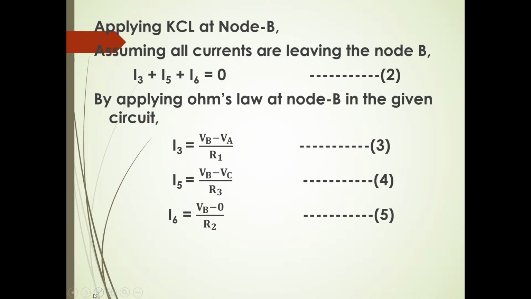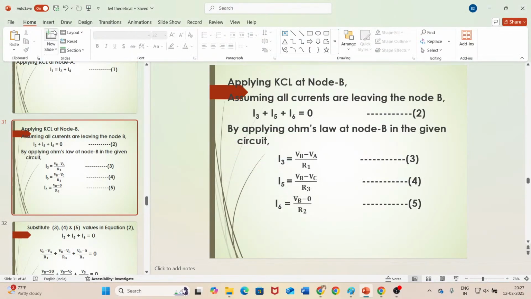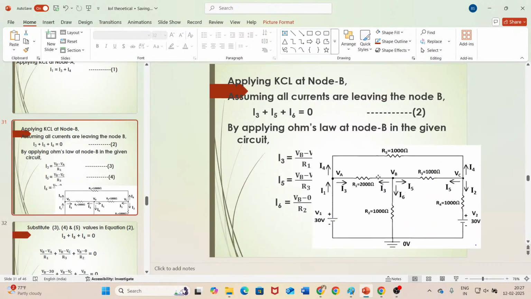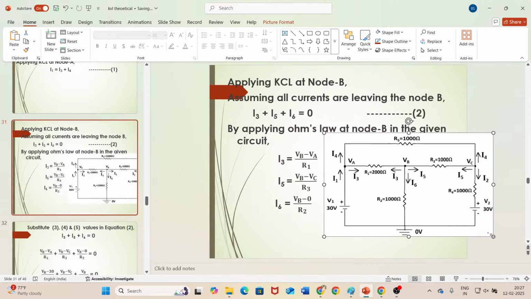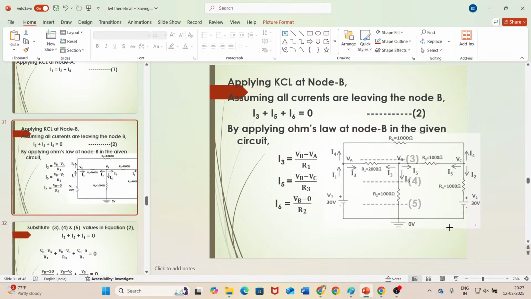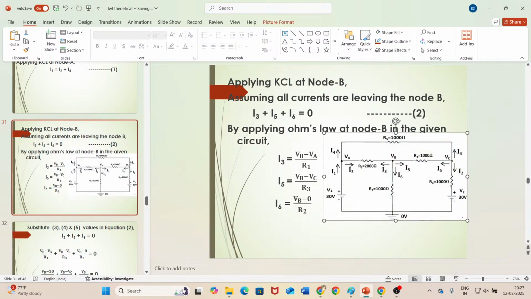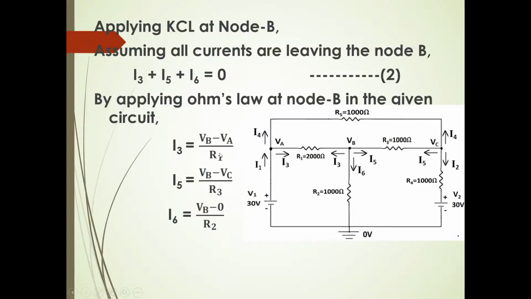So what is I3? I might have kept that circuit as it is. I'll just minimize it and take the smaller image so that it will be easy to explain. Now see, what is I3?